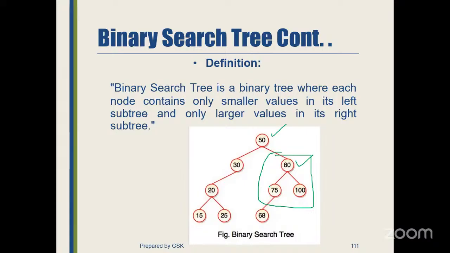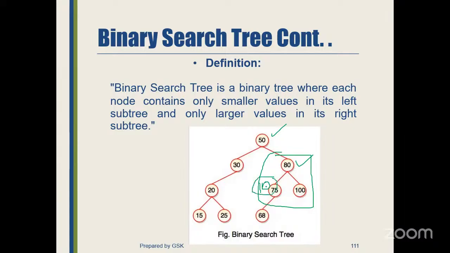So we are writing 75. Here you must remember, when we are writing the value of the left subtree of 80, that must be less than 80 and greater than 50. If you write 10 here, that becomes invalid.